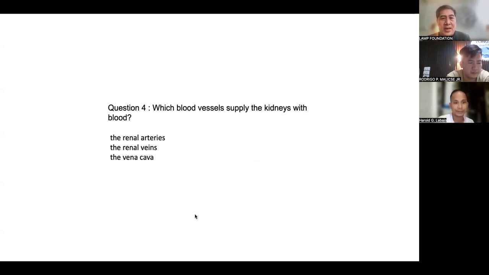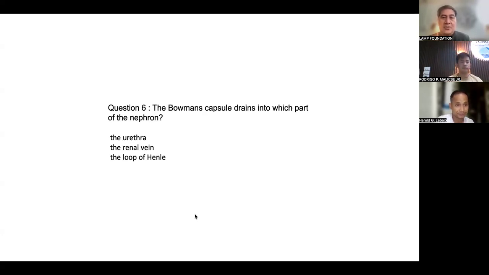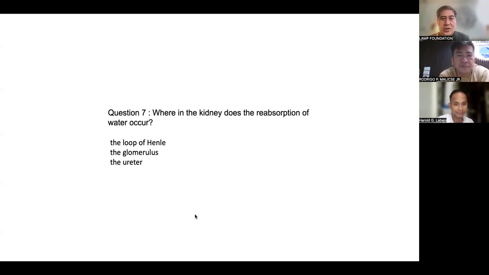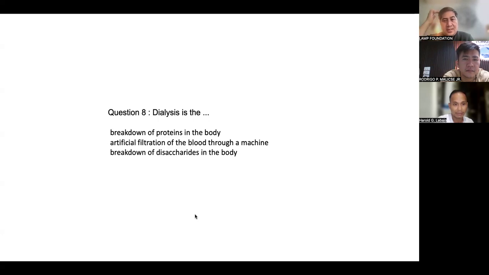Which blood vessels supply the kidneys with blood? The renal arteries. Blood from the glomerulus filters into which structure? Bowman's capsule. The Bowman's capsule drains into which part of the nephron? The loop of Henle. Where in the kidney does the reabsorption of water occur? The loop of Henle.